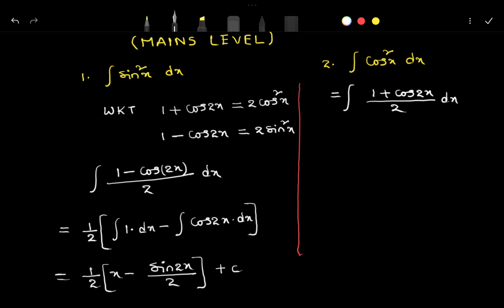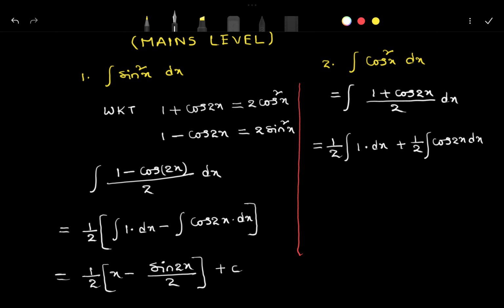Now 1 by 2 you write outside: 1 by 2 into integration of 1 into dx plus 1 by 2 into integration of cos 2x into dx.